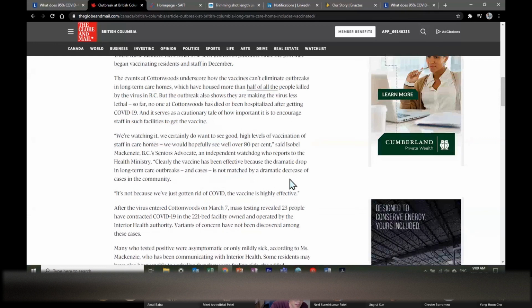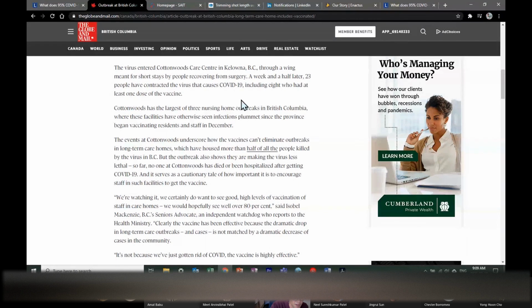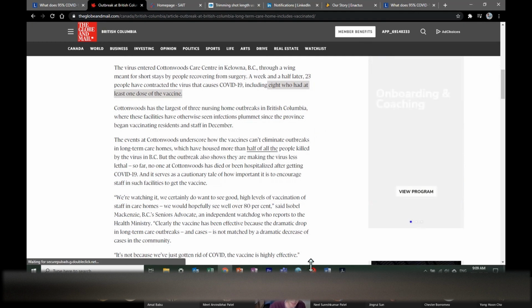They were saying that 8 people had 1 dose of the vaccine. And that's to be expected, right? It doesn't eliminate transmission, it just decreases it significantly. It's still possible to get the flu after you get a flu shot.